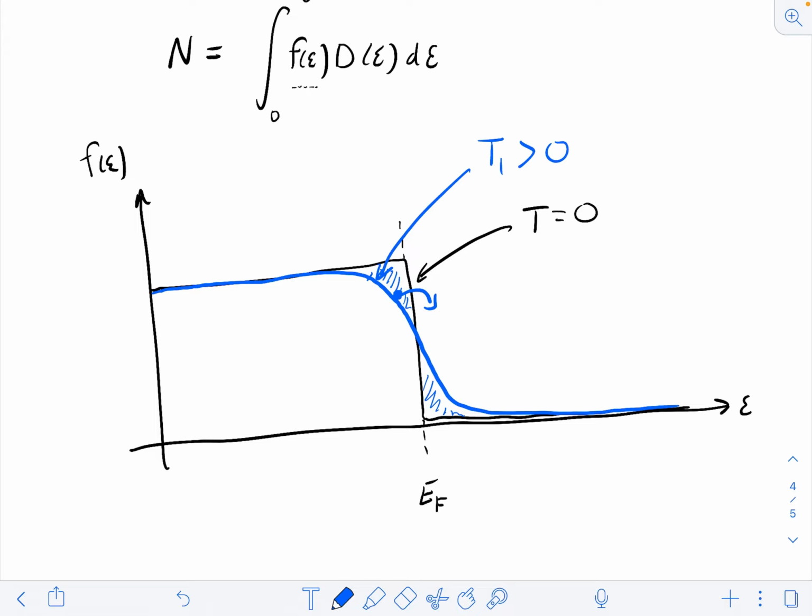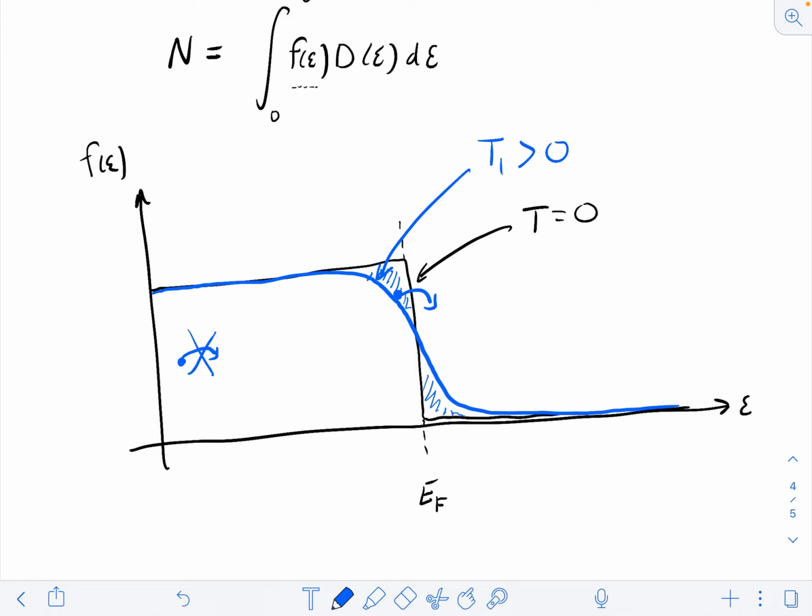But if you think of a particle down here at low energy, it's going to gain some thermal energy T1, but it can't hop out to a higher energy state because all of those states are already occupied, and we can't put two identical fermions in the same state.